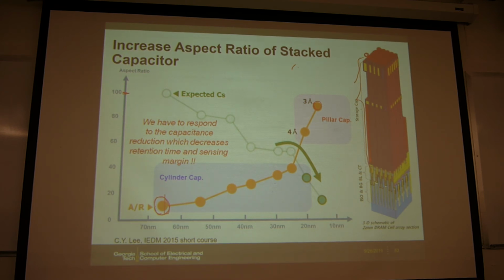The aspect ratio is height divided by that diameter. So it's very hard to make this kind of structure from a manufacturing point of view. And you need an EOT like 4 angstrom or 3 angstrom. So this is extremely difficult these days.